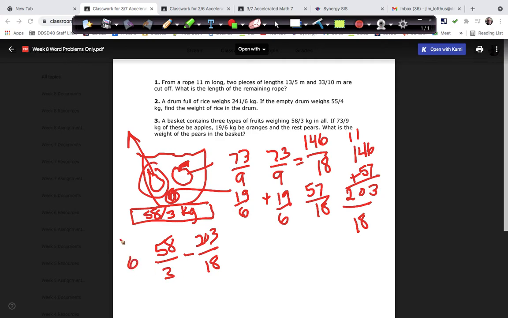So 6 times 58 is 348. So 348 eighteenths minus 263 eighteenths. So up here I'll do 348 minus 263.